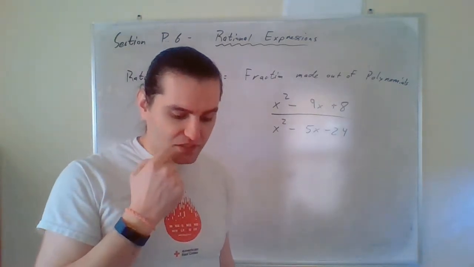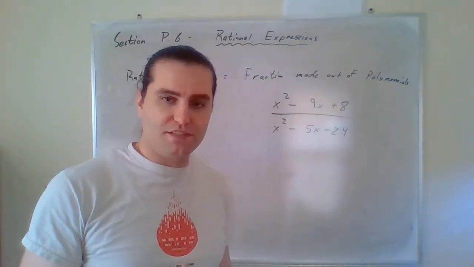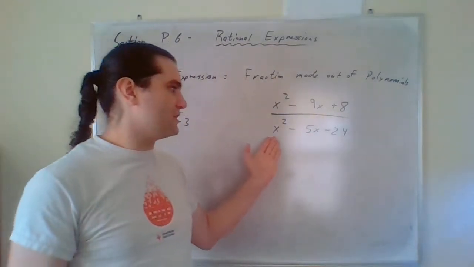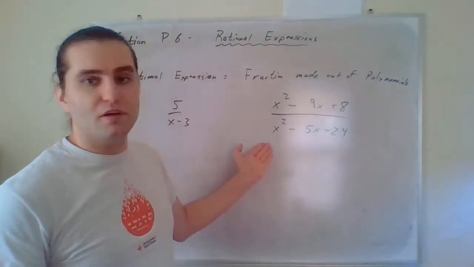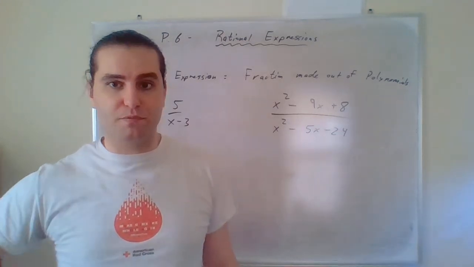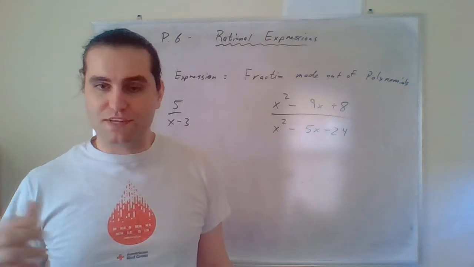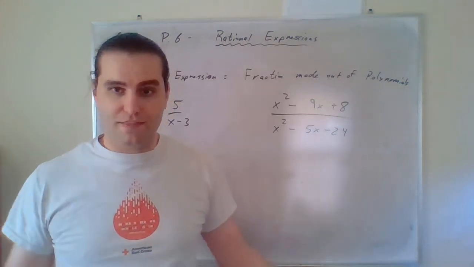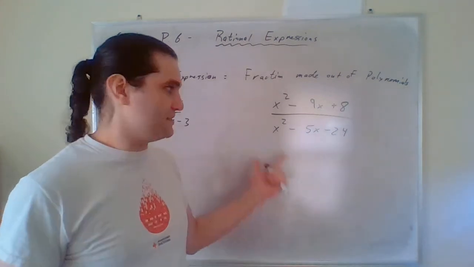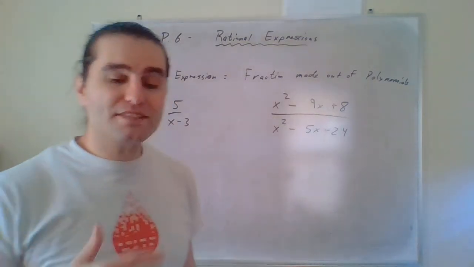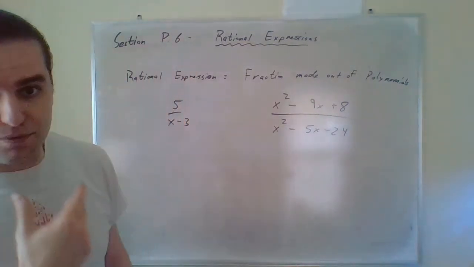And if we want things to be smooth and continuous and nice and well behaved, we have to keep variables out of denominators. Because sometimes when you put variables in denominators, that makes those denominators equal 0, and then you're in big trouble because then you're dividing by 0 and that's no good. So that's going to be a thing in this section. We're going to have to deal with that.